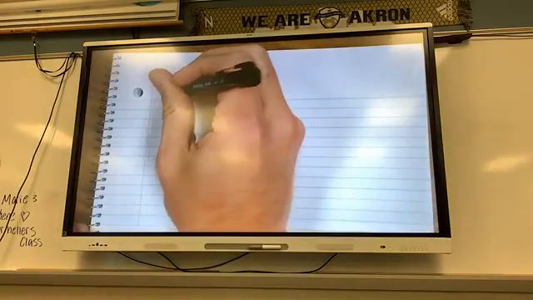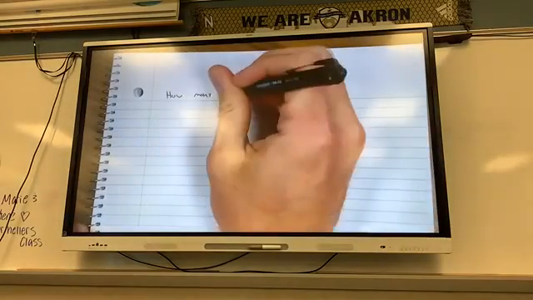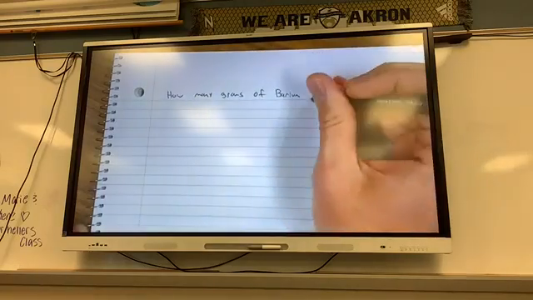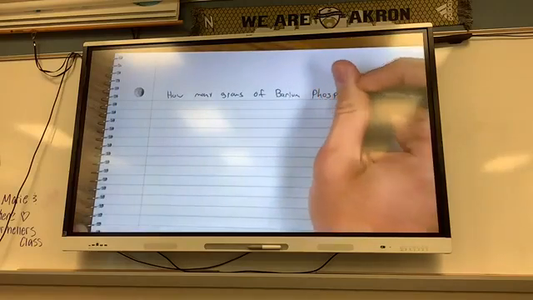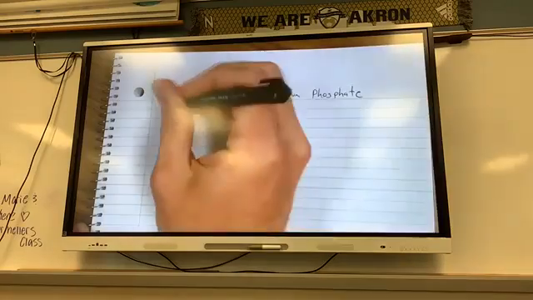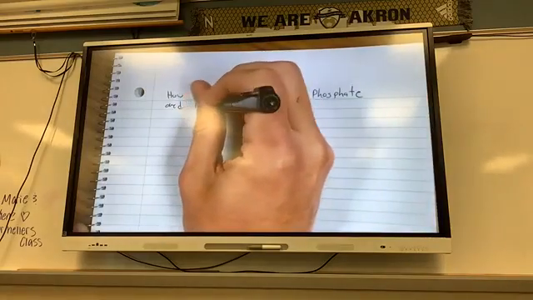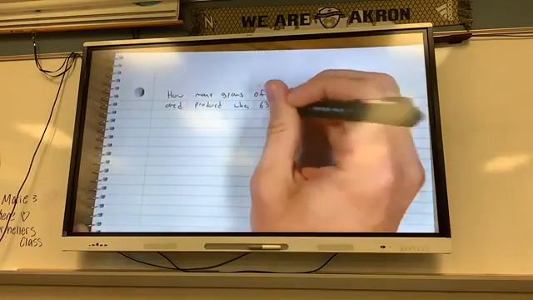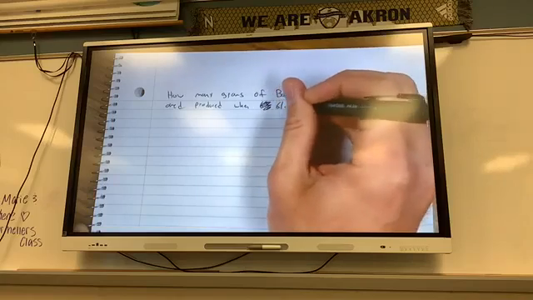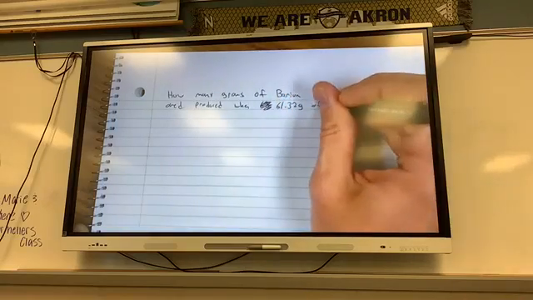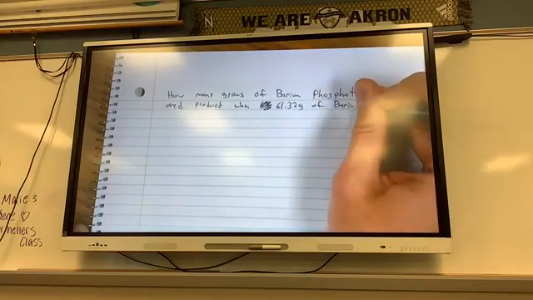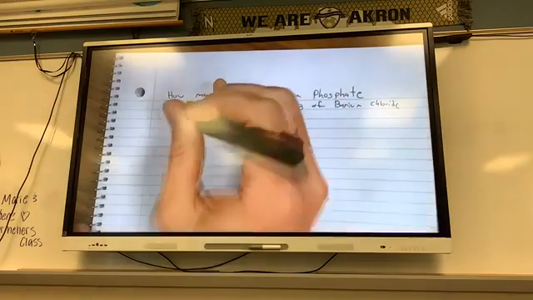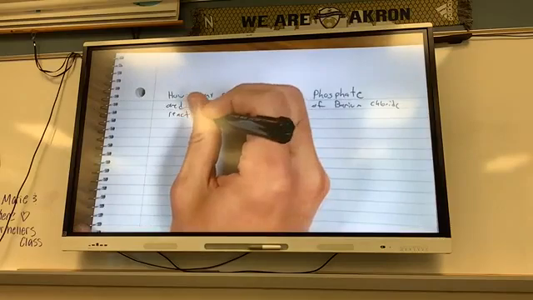How many grams of barium phosphate are produced when 61.32 grams of barium chloride react with 27.29 grams of phosphoric acid? Barium phosphate. That's just fun to say. Doesn't that sound scientific?